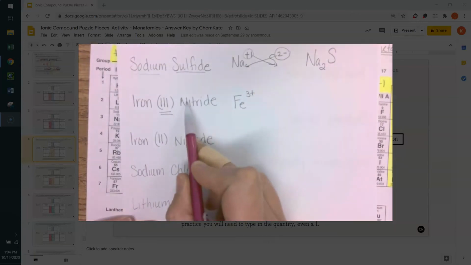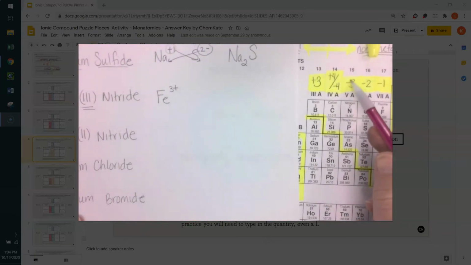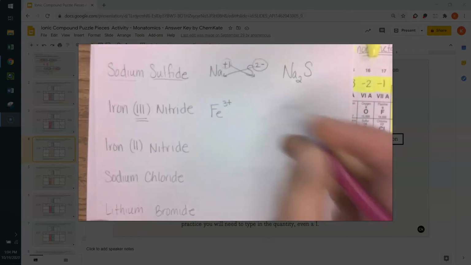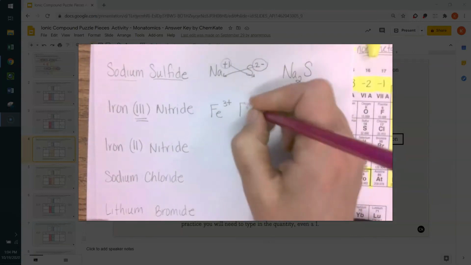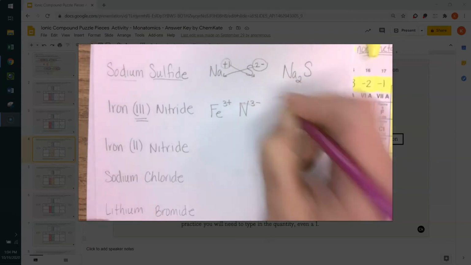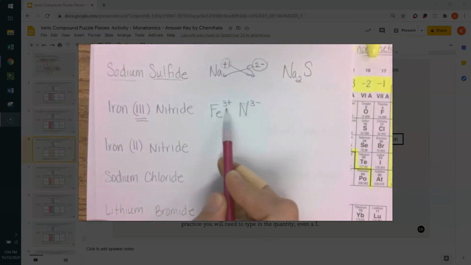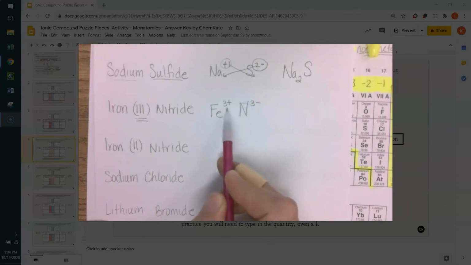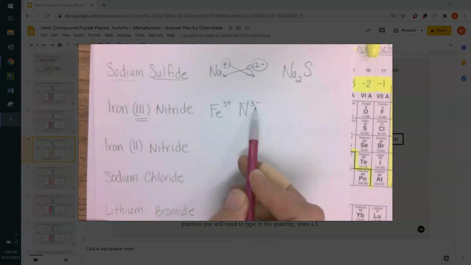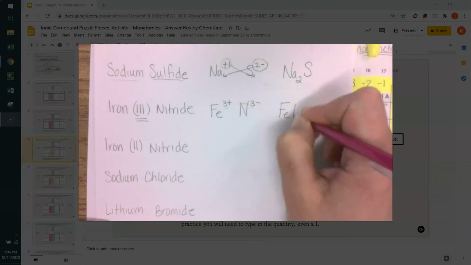Now, nitride is nitrogen. Nitrogen is in this group that forms a 3 minus. Oops, it's supposed to be an N. And 3 minus. And so these, as they exist here, are equal. Their charges would cancel. So I can write this as FeN.